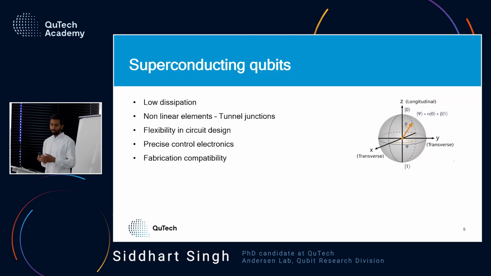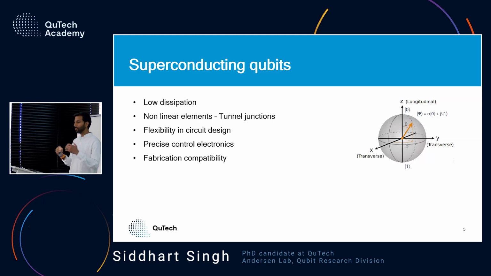Third, the circuit design within this arena of superconducting qubits is very flexible. It allows you to make different kinds of qubits, and you can play around with numbers to create slightly different variations. That allows you to make a chip where you can think of architecture and place your qubits accordingly. Fourth is precise control electronics.